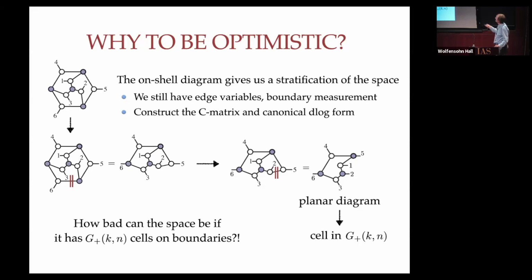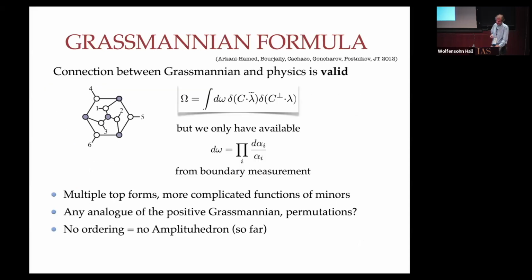So if you think about this as an analog of a top cell of the positive Grassmannian, which is not positive anymore, on the boundaries it contains a bunch of lower dimensional cells, which are cells in the positive Grassmannian, but with different ordering. The ordering changes, but they are glued together in a new way, which doesn't respect this ordering. So how bad can this space be if it has these nice positroid cells on the boundaries?